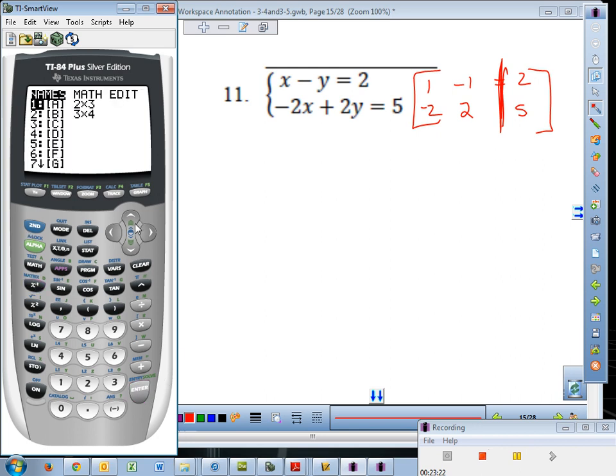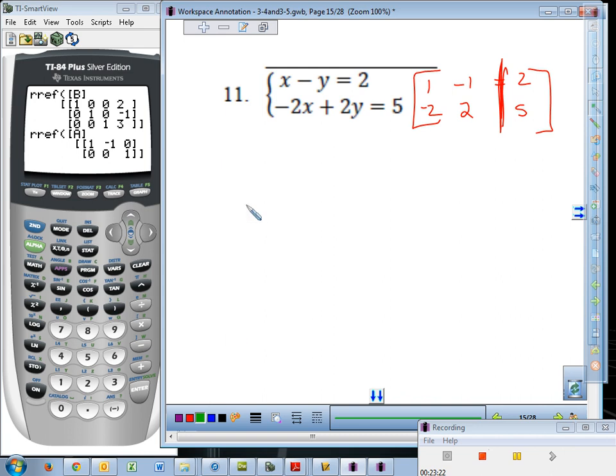Second matrix. Which one do we need? A or B? Ooh, write that down. 1, -1, 0, 0, 0, 1. Close it up.